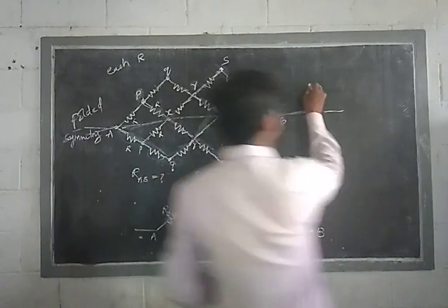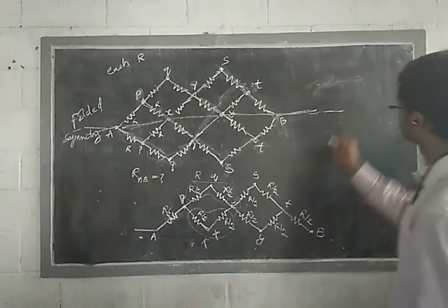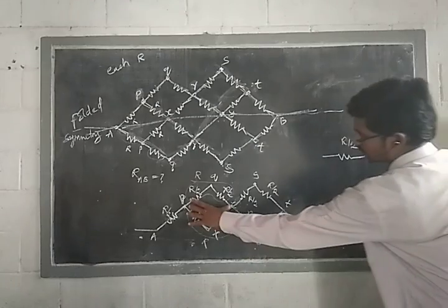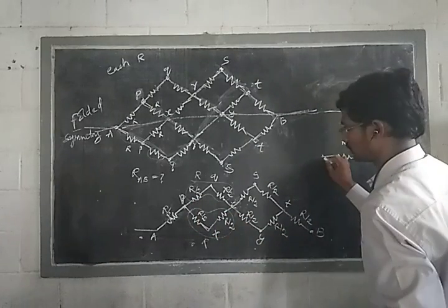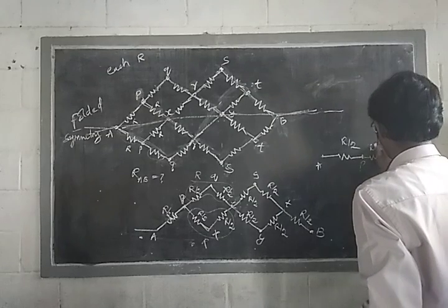Now let me redraw here. First one, this one, R by 2. Next, this value is what? In between P and R. This is A and here it is P. It is R by 2.